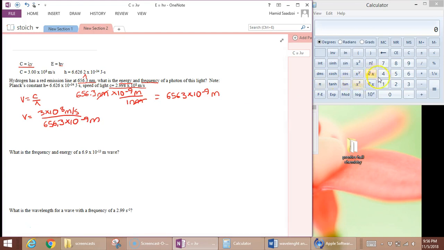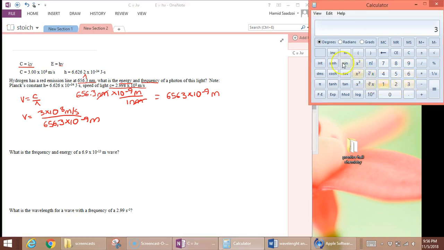So we're going to plug this into our calculator over here. So we have 3. We're going to press the exponent button, which tells our calculator it's going to be 10 to that power, 8, divide by, which is right there. You can see it's putting in a long form for you.